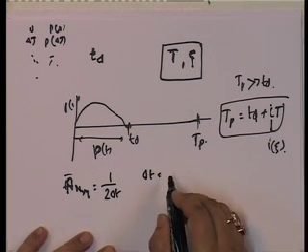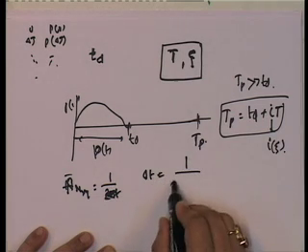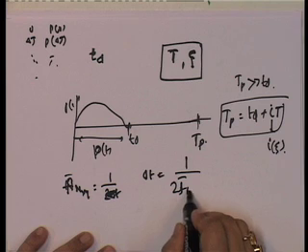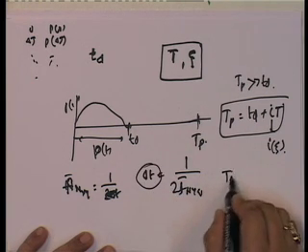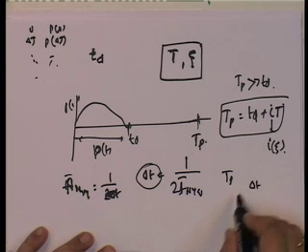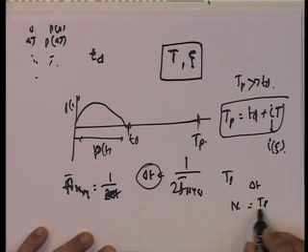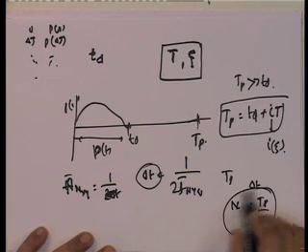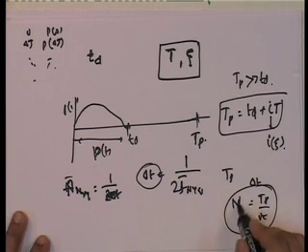Sorry, this is wrong, delta t is equal to 1 upon 2 f Nyquist. Once I know that, n is equal to Tp upon delta t. Okay. So, I can find out my discrete.